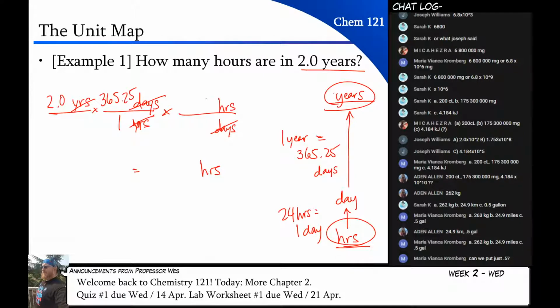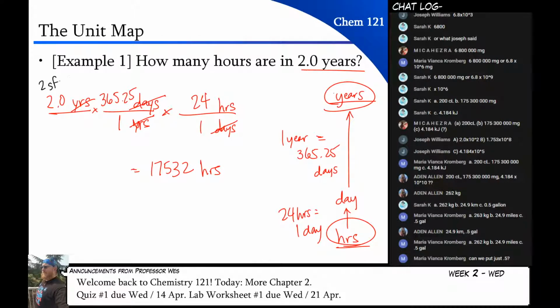That many days in a year, that many hours in a day. And my calculator gave me that many hours. Now I just gotta check for sig figs.